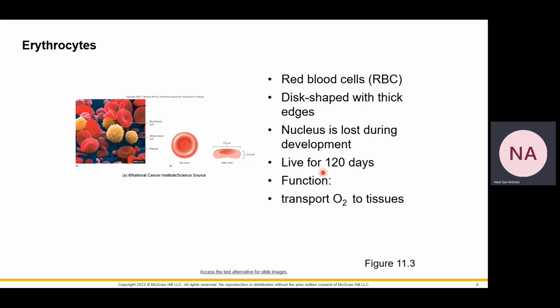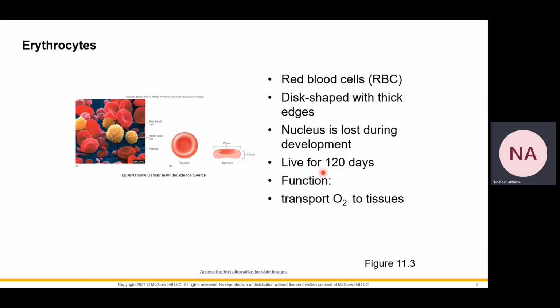Around 4 months. Okay? So therefore, there should be continuous production of red blood cells in the red bone marrow, because it is only 120 days.